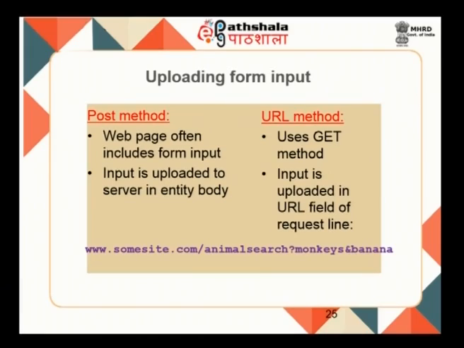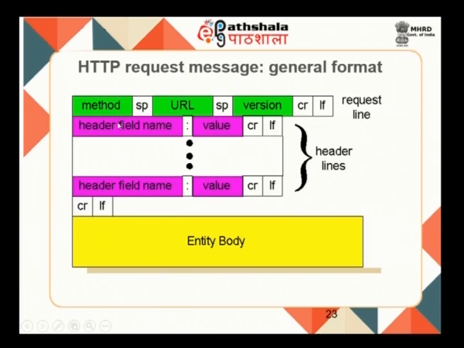Now, a request message can be used not only to get, but also to post information. So, let us see what is happening in the case of a post. There are two ways in which a post can be done. One is using the POST method itself. The method specified here would be POST, and the information that you want to post will be sent as part of the entity body.